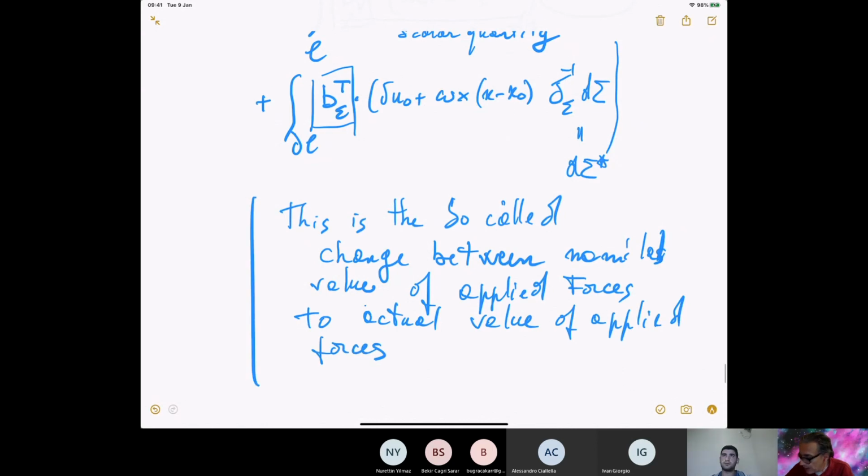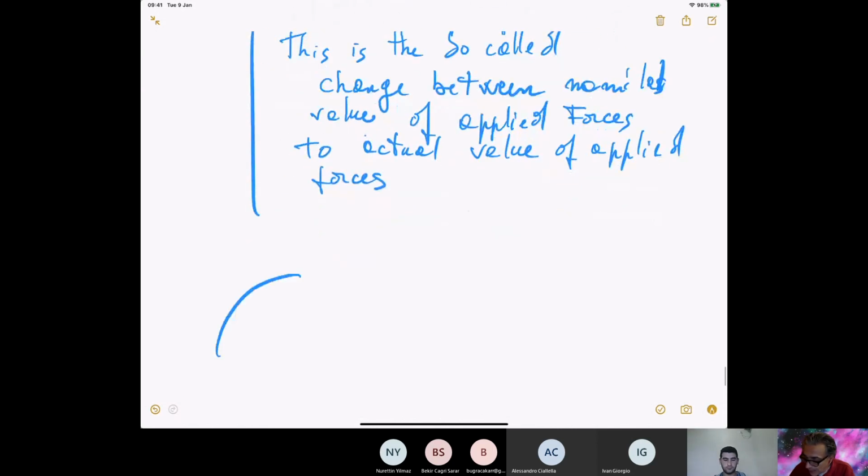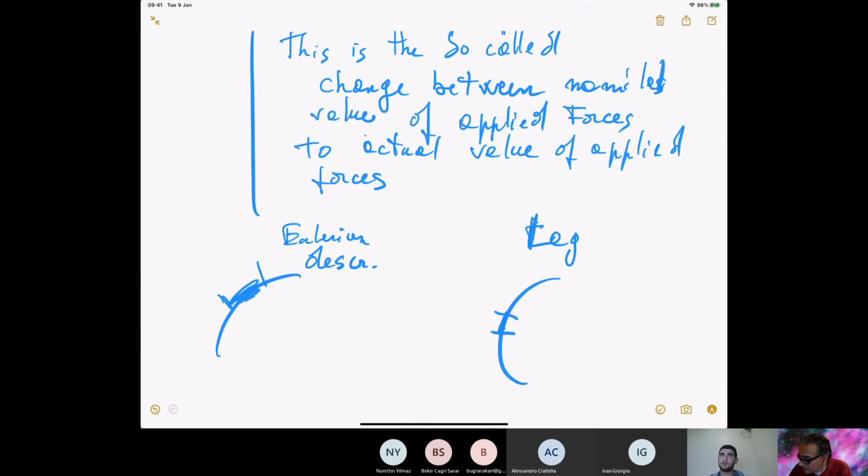Because if you have a force applied per unit area in the Eulerian description, the area is changed because you have a deformation in the Lagrangian description.